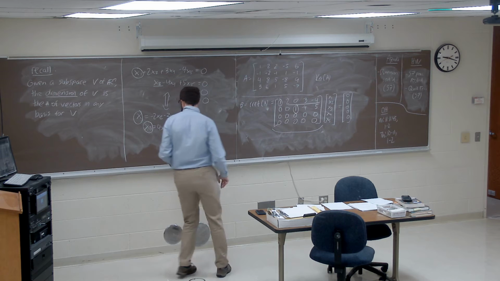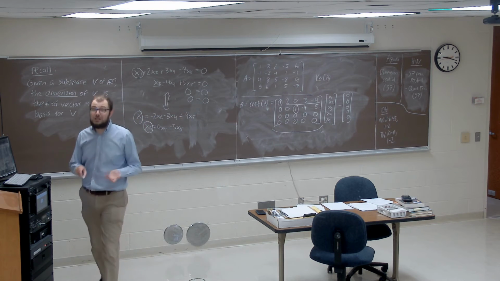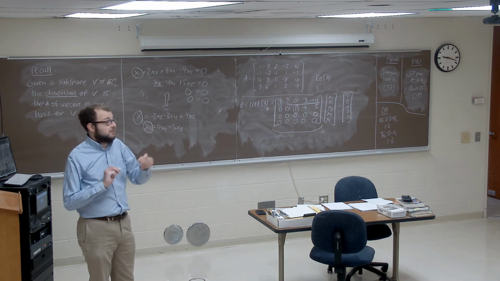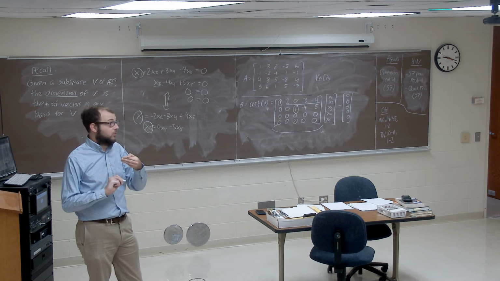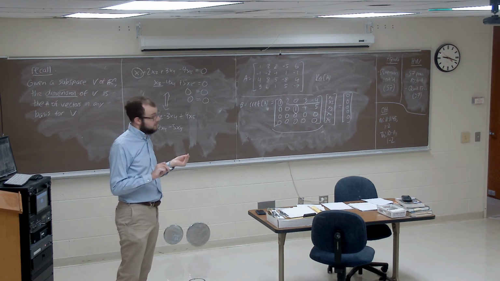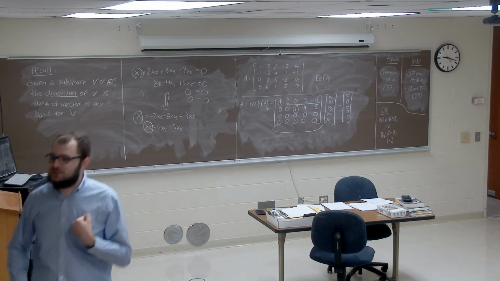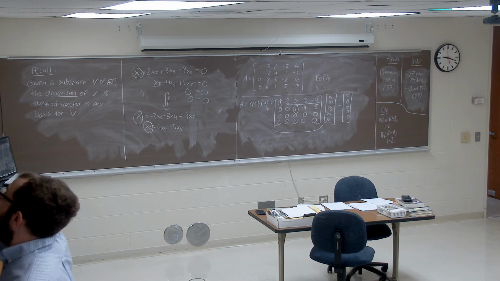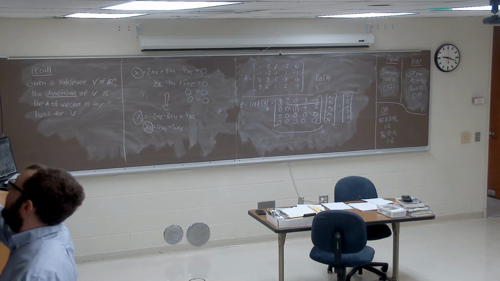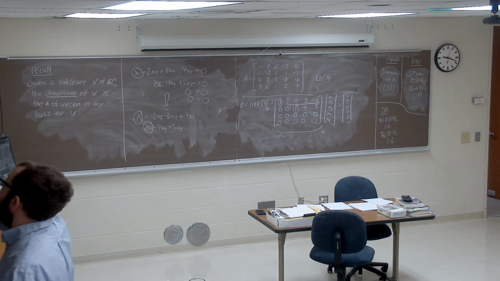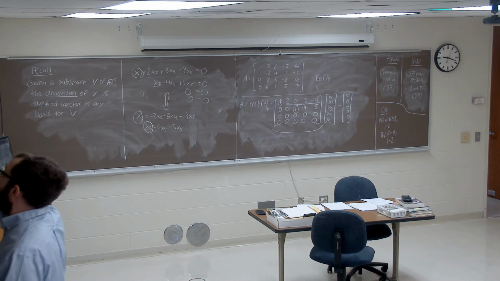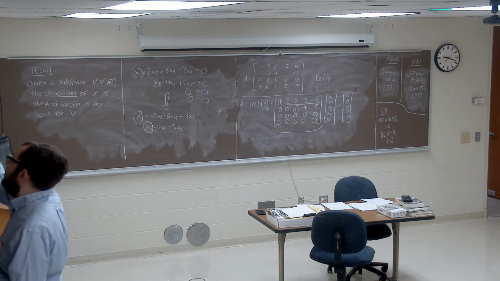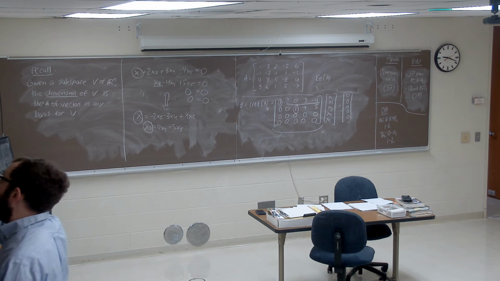So another way you can think about it is the dimension of the kernel is going to be equal to the number of columns in your reduced row echelon form without leading 1s in them. So let's write some of that down. The dimension of the kernel of A is equal to the number of free variables used to write out vectors in the kernel.